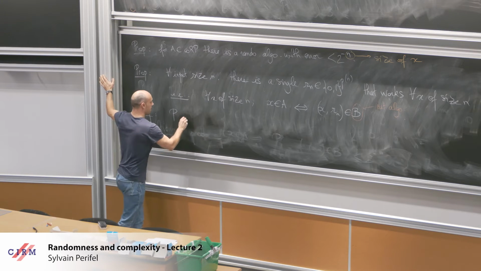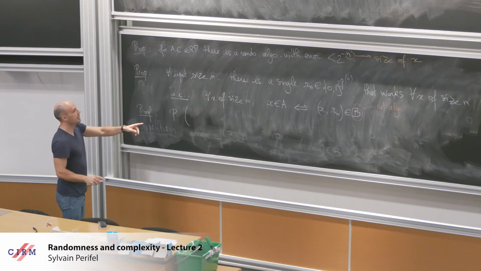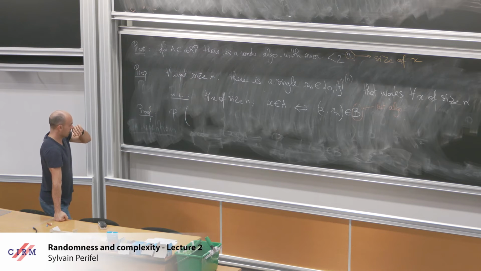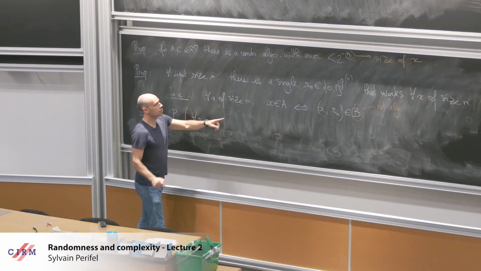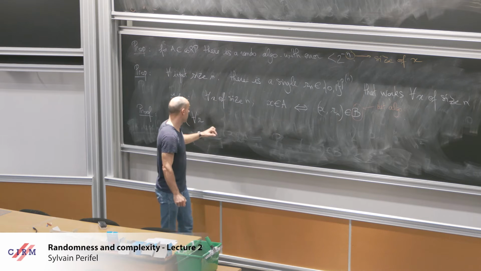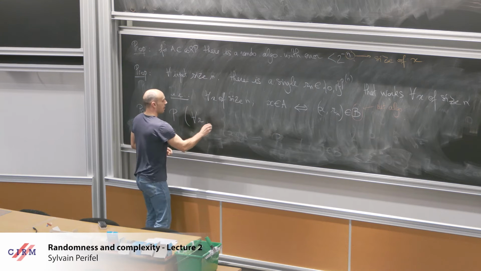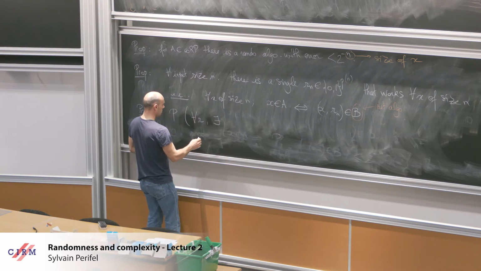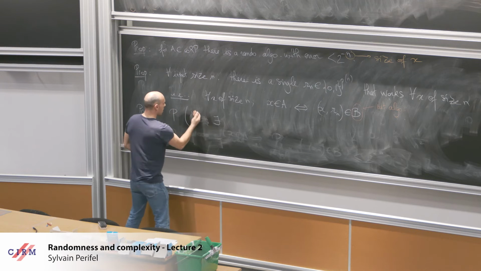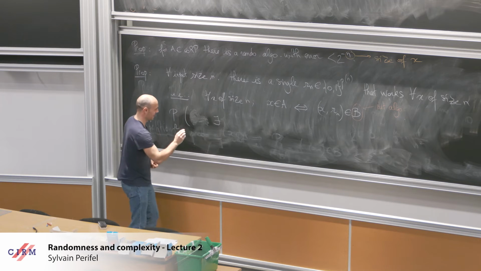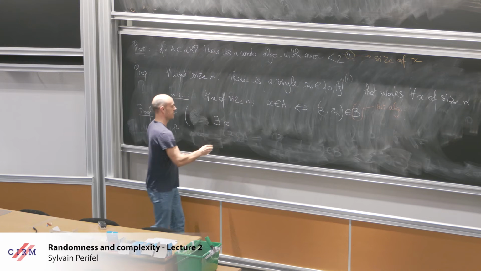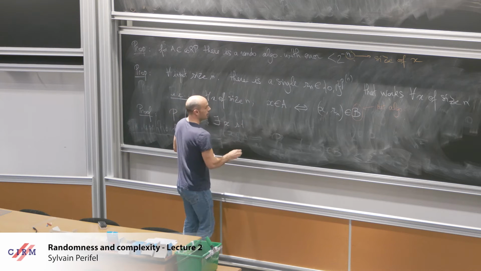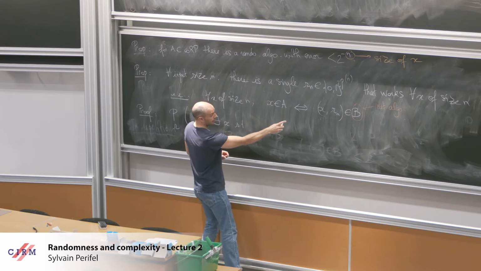The probability over R, that's what I want to say. The probability over R that there is an input x such that we have an error.